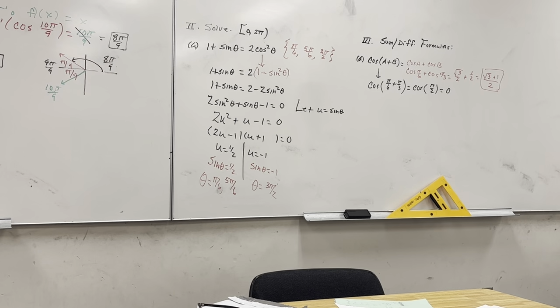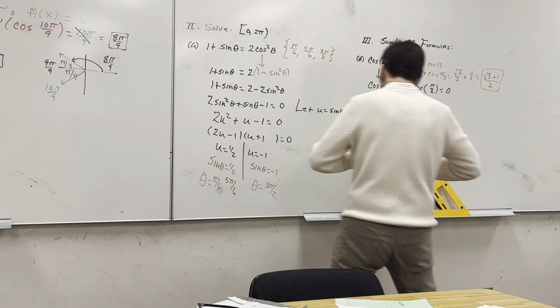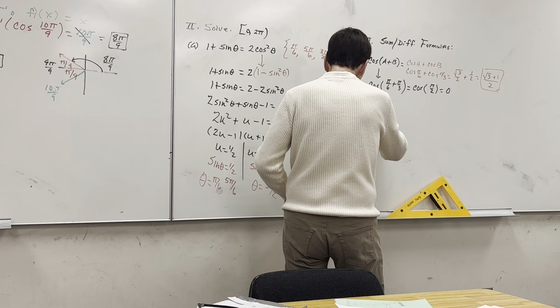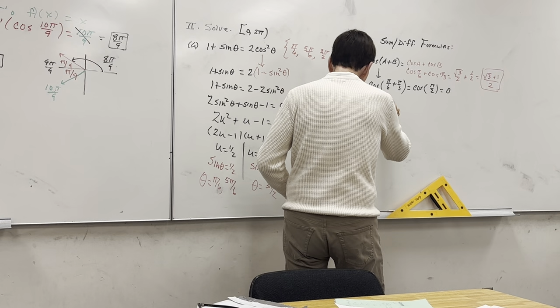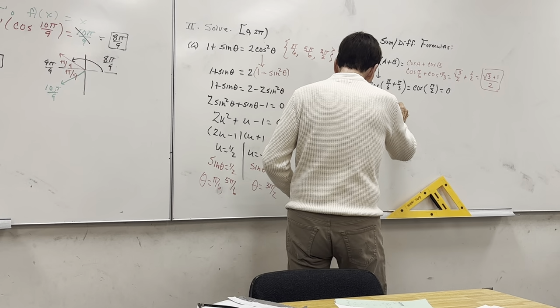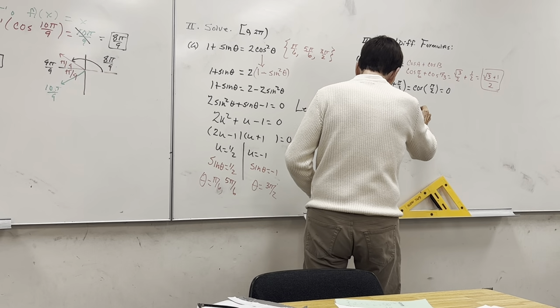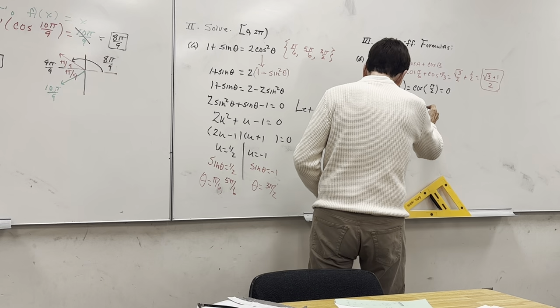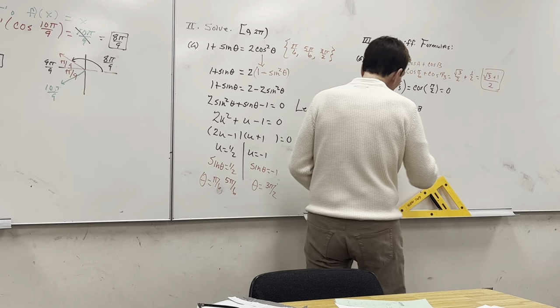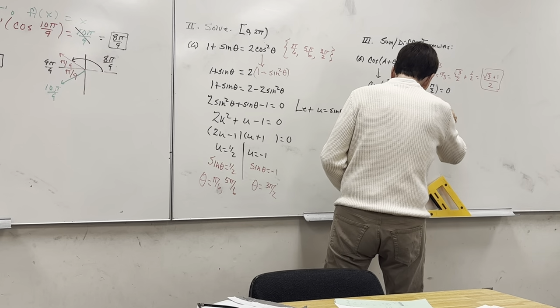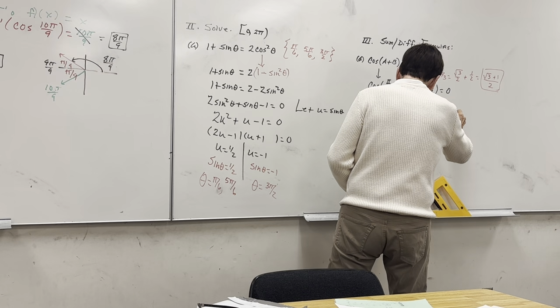This one's not working. And tell me. Cosine A plus B equals. Okay, hang on. Cosine A plus B equals cosine A, cosine B, hang on. Okay. Minus sine A, sine B. Oh my goodness.